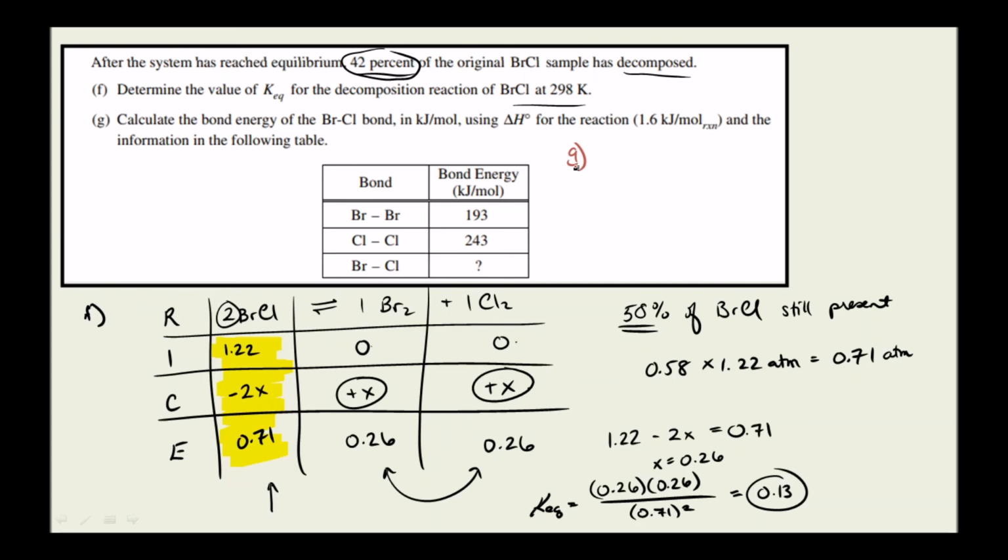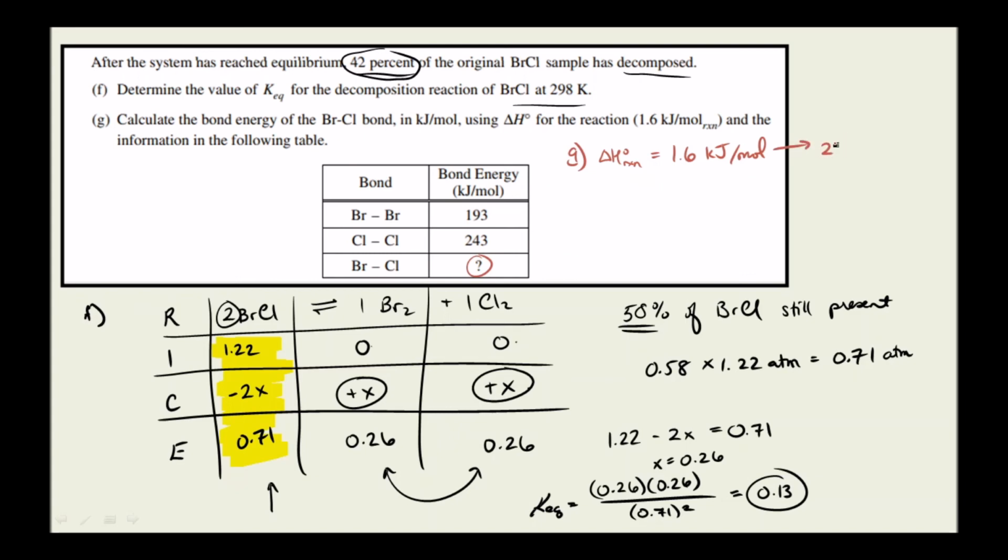We're given the bond energy in kilojoules per mole of the first 2, and we're asked to solve for the third. So they tell us that the delta H naught of reaction is equal to 1.6 kilojoules per mole. And what is the reaction that we're talking about?